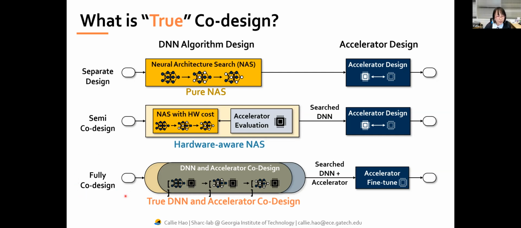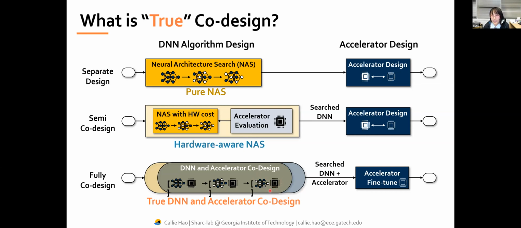So a full co-design means that true DNN accelerator co-design requires that everything is designed in pairs, right? We have one deep neural network, one accelerator. Okay, I'm not happy. That's fine. Let's keep going. We change the architecture a little bit and we change the accelerator a little bit. Okay, I'm still not happy. That's fine. Let's keep going. I keep changing the architecture and I keep changing the accelerator.